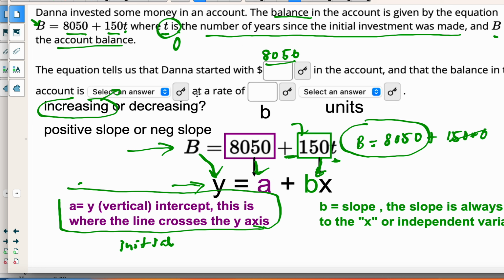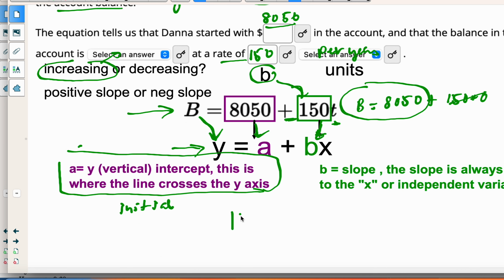The account balance is increasing. At what rate? The rate is your B value or your slope. It's increasing at $150, and this wants the units per year. Per year, because T is the number of years. Every year that goes by, the account balance goes up by $150.